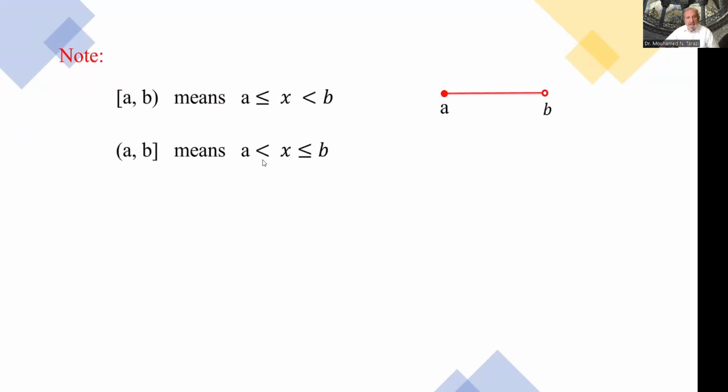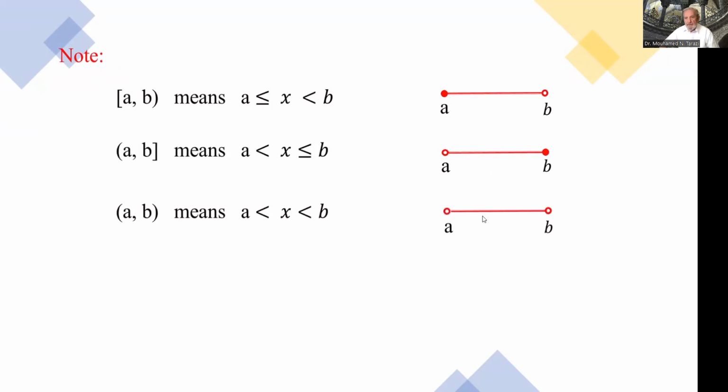That's x greater than a and less than or equal to b, and we use this. This one is open on both sides, so that's x greater than a and less than b, and we have this here. This is closed from both sides, then x is greater than or equal to a, less than or equal to b, and we use this for it.